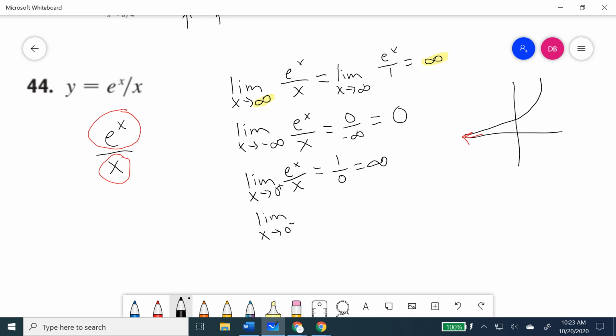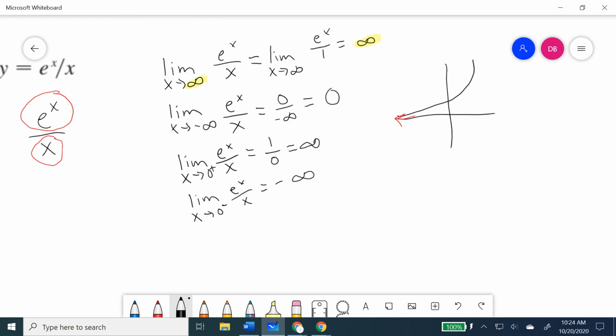If I'm heading from the left side of 0, do you see that that's actually going to be a negative number? Because you'll have a positive numerator, but that denominator is going to be negative if 0 is coming in from the left side.